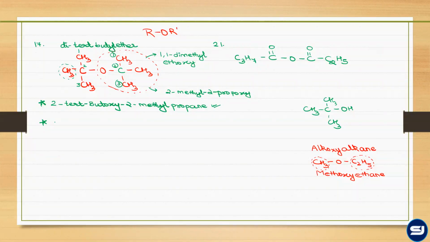Accepted IUPAC name है ये, ठीक है। Then if I consider 1,1 dimethyl ethoxy, then I will be writing 2 in the bracket 1,1 dimethyl ethoxy, 2 methyl and propane. 2 methyl propane का parent तो हमेशा सेम ही रहेगा.